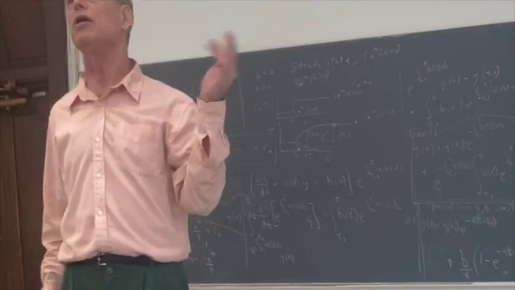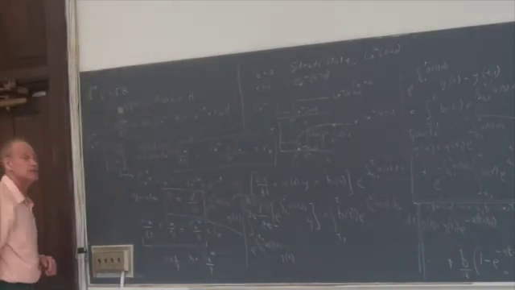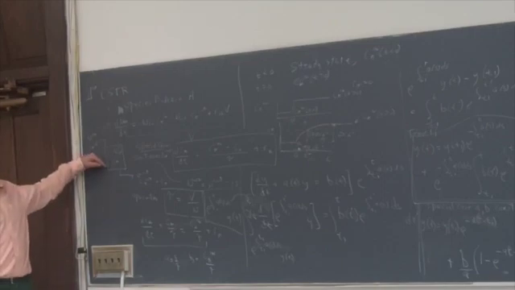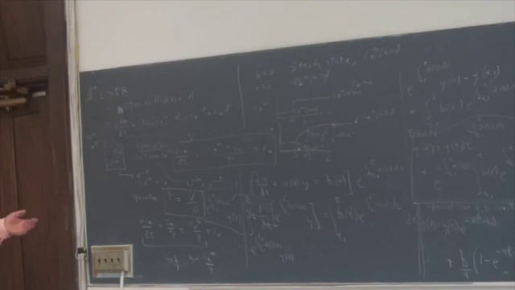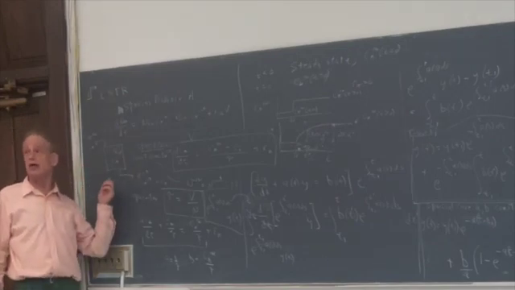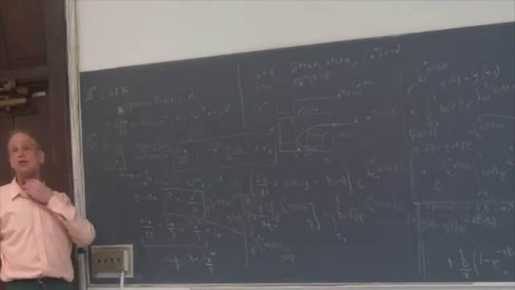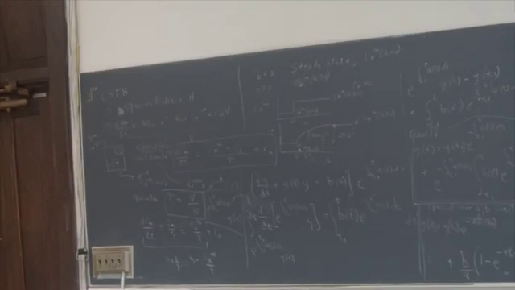Why would I have diffusion here? Maybe a part of the reactor doesn't get mixed. Maybe there's a dead zone in the reactor, and the only way to communicate with this dead zone is via diffusion, which can be very slow. So this could be a reservoir of the old concentration that only communicates with the rest of the reactor by diffusion. That could slow things down. So those are possible reasons why I might not get the right answer when I actually do the experiment. Are there any questions?